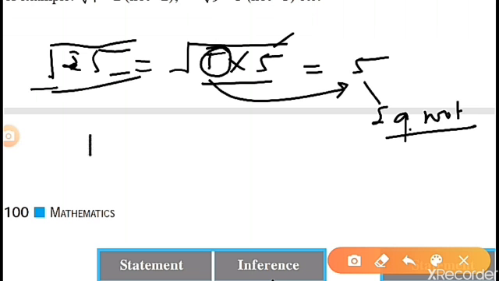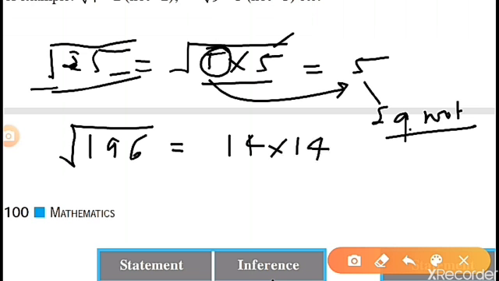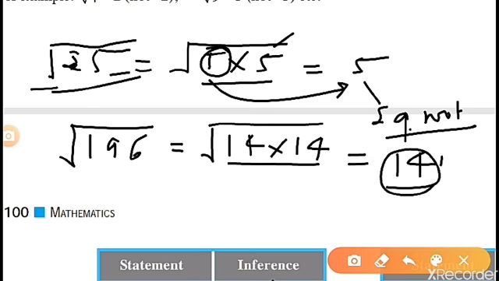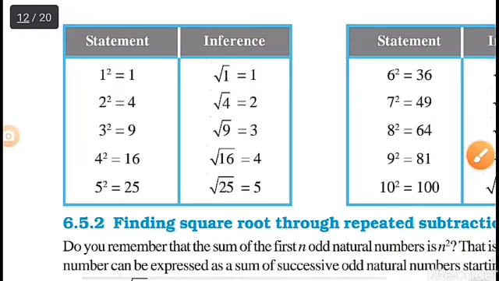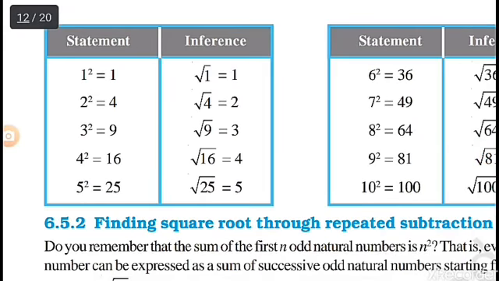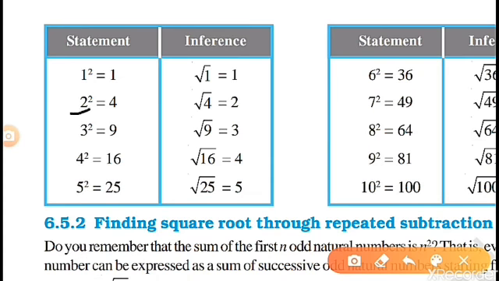Similarly, for 196 we know it is 14 into 14, and taking one element from the pair, we get 14, and 14 will be the square root of 196.